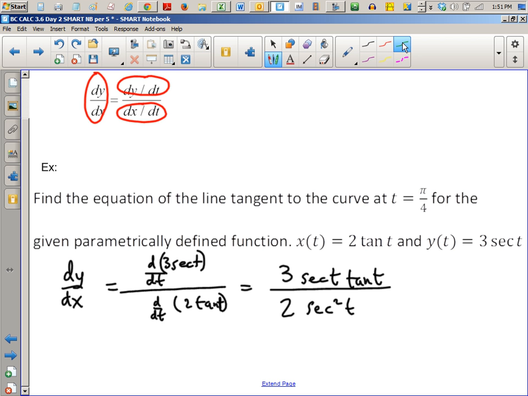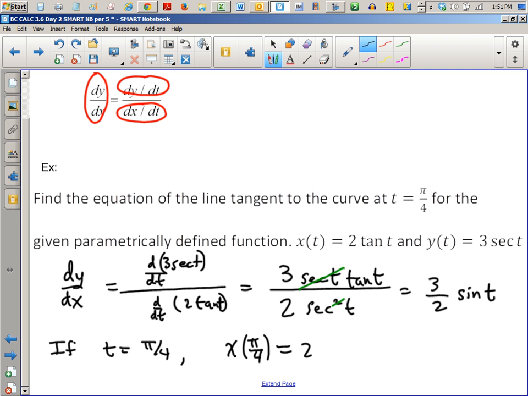And this actually cleans up a little bit. I'll skip the steps because I'm running out of time. But this comes out to 3/2 sine t is all it is, if you write your tan as sine over cosine, and you write your secant t as 1 over cosine. Okay, so there it is. All right, so what's going on at pi over 4? If t is pi over 4, right, x of t, which is 2 times tan of t, would be 2 times tan of pi over 4, also known as 2.